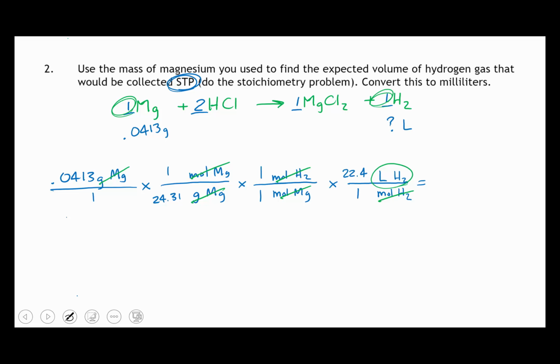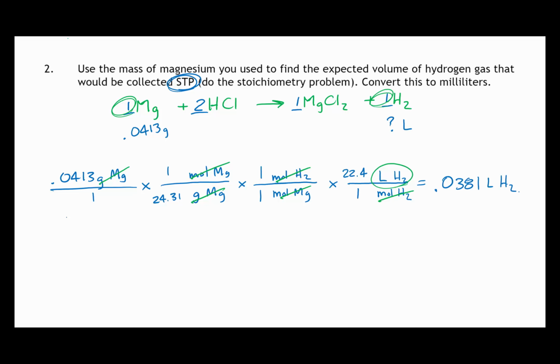So I'm going to take that last answer and multiply it times 22.4 and divide it by 24.31, and this gives me a new answer of 0.038062 and a bunch more digits. I'll just write down 0.0381 liters of hydrogen.